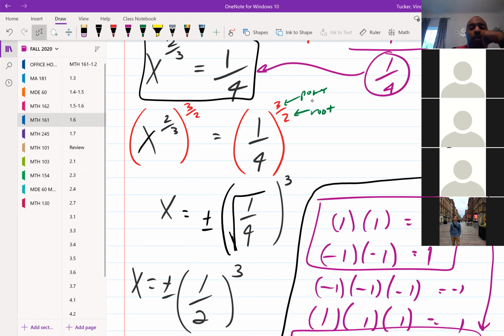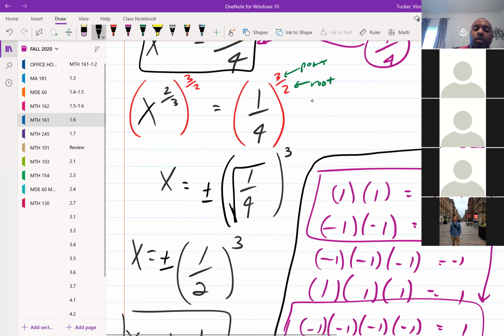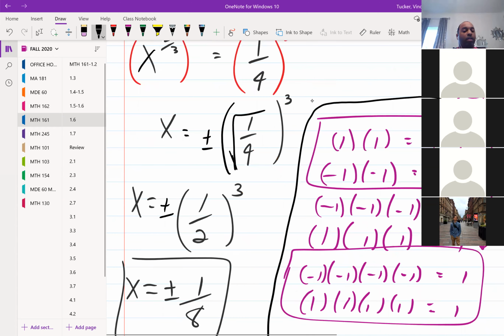Square root of 1/4 is 1/2. Then 1/2 cubed is 1/8. So it's plus or minus 1/8 as our solutions.